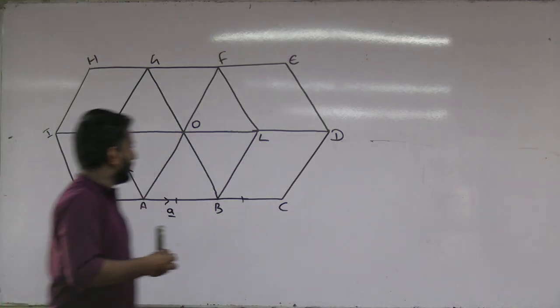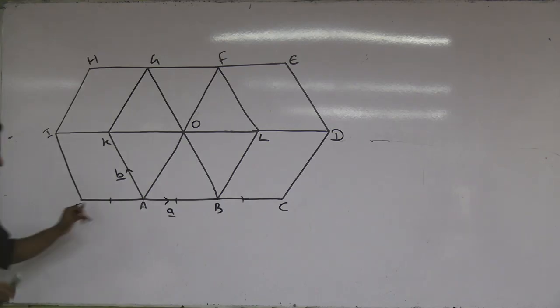Okay, so draw this diagram. So here all these three lines are equal.